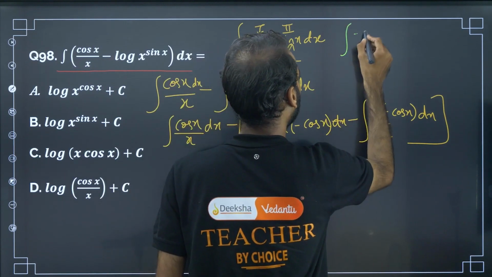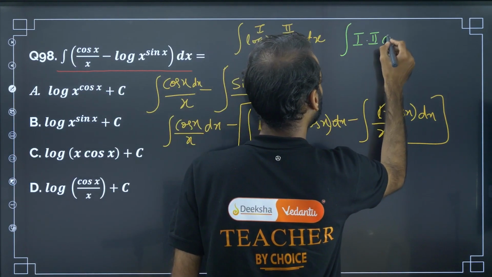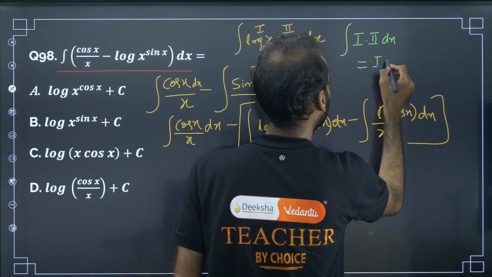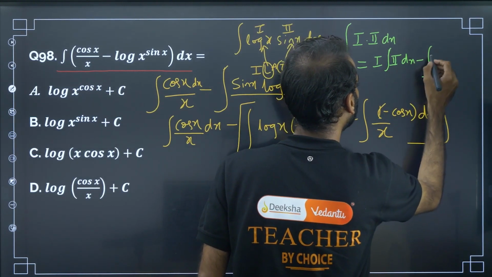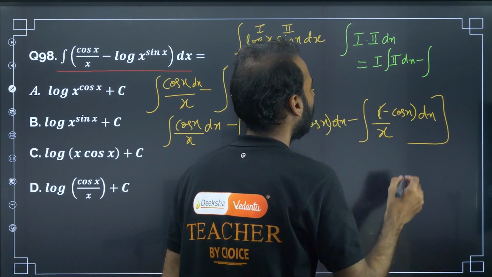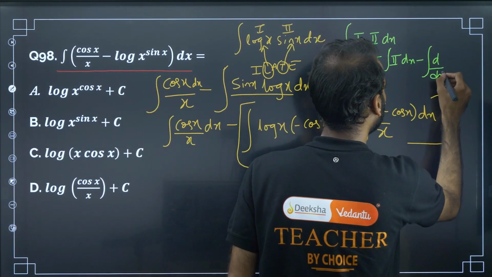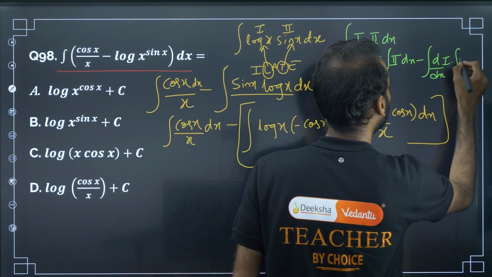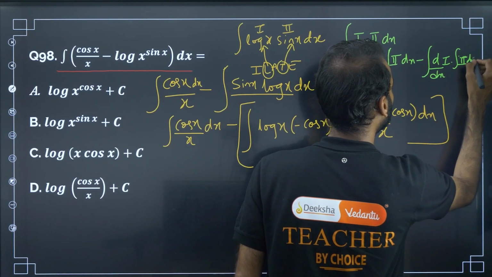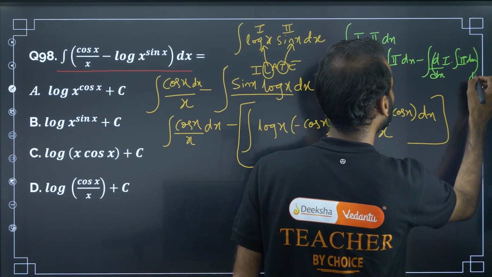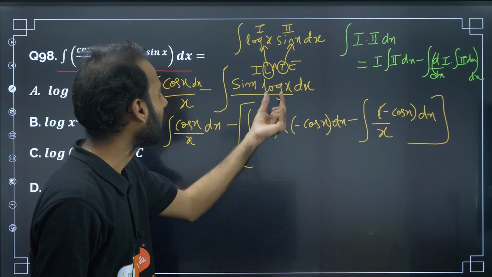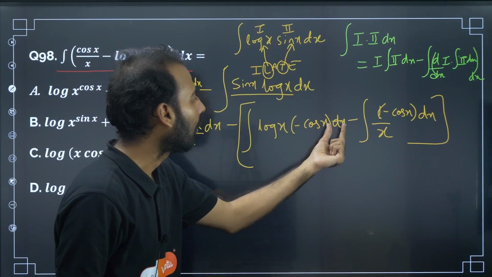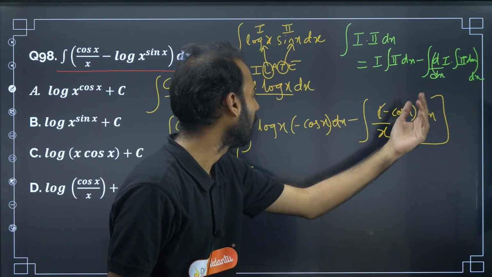Integration of first function into second function dx is equal to first function as it is, integration of second, minus integration of d by dx of first function into integration of second function dx, whole dx. So here the first function I kept as it is, integration of second, all this story goes like this.